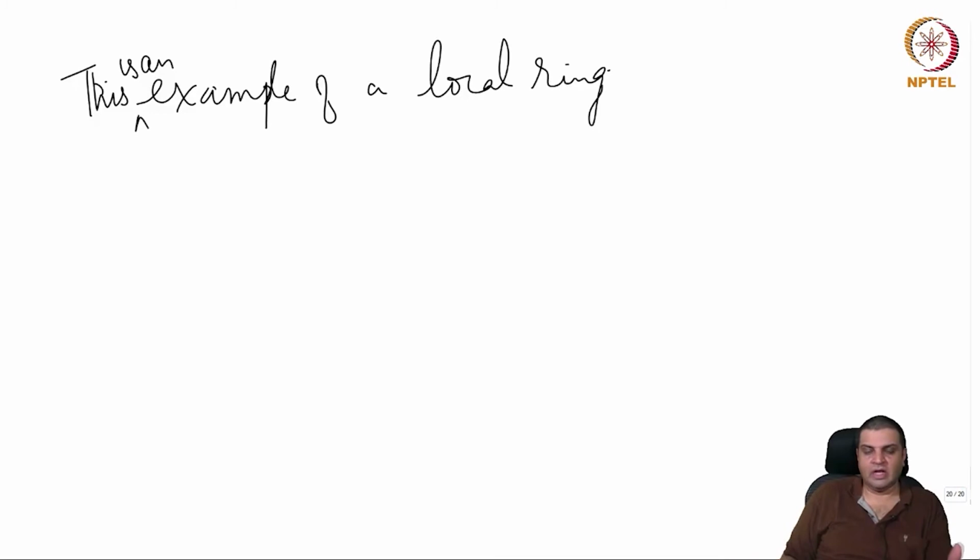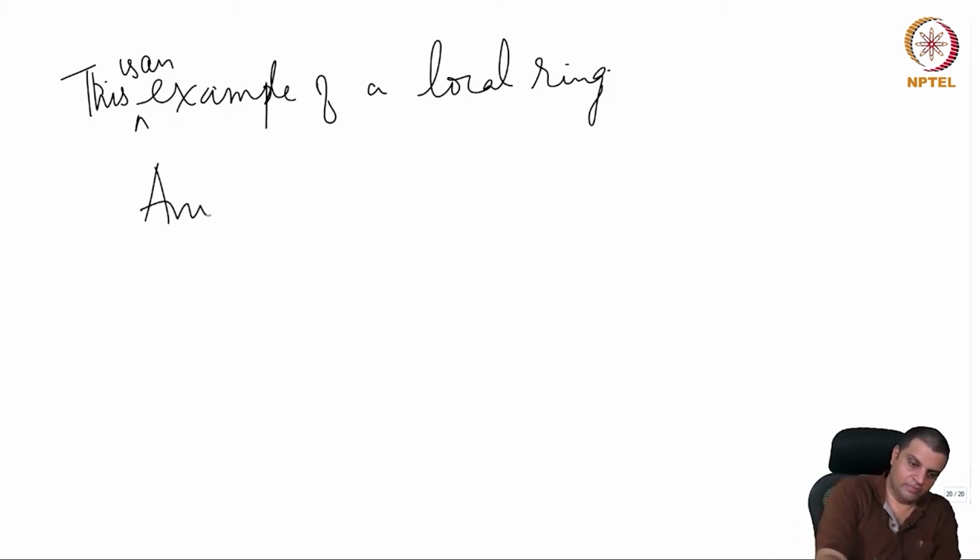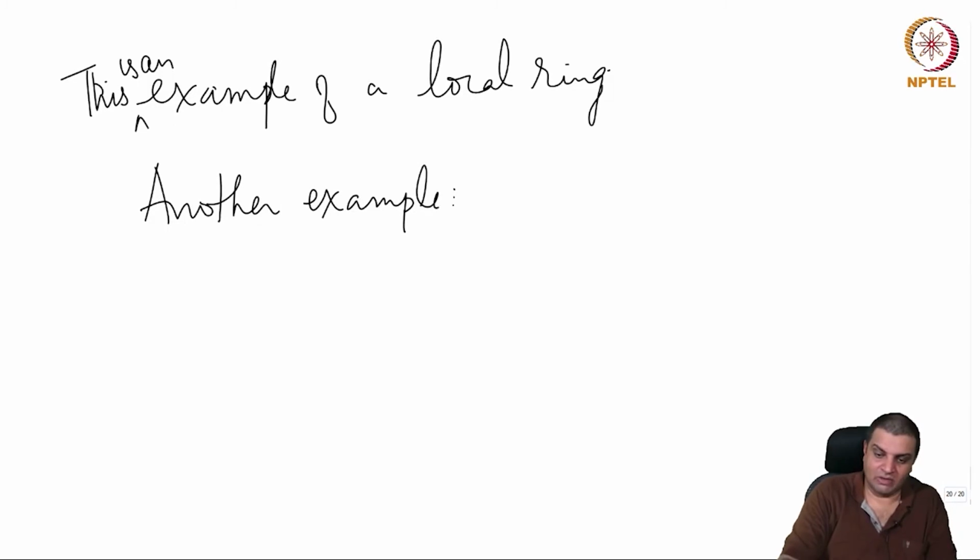There are other local rings also which don't come out as localizations like this immediately. Another example, and this is very closely related to polynomial rings in a way.